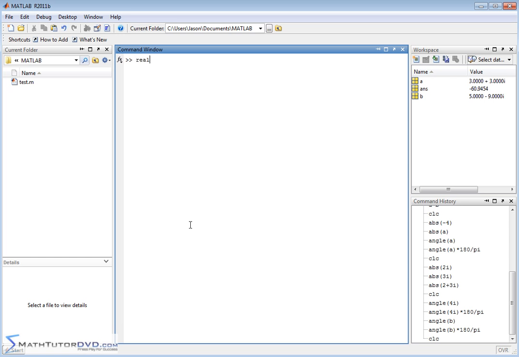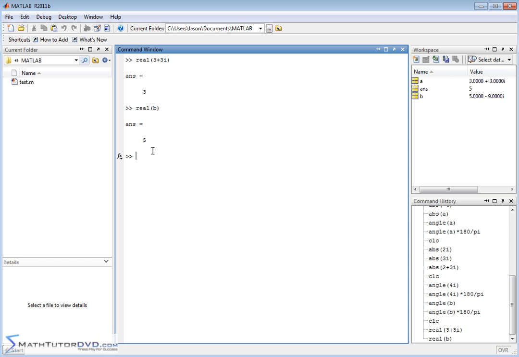Now, you also have some other functions that are designed specifically to deal with complex numbers. For instance, there's a function called real, and if you pass it something like this, it's going to return whatever the real part of this is. So this is the real part, this is the imaginary part, so it's going to return 3. Of course, it's perfectly happy if you put in a variable that has a complex number, 5 minus 9i, so the real part of that is 5.